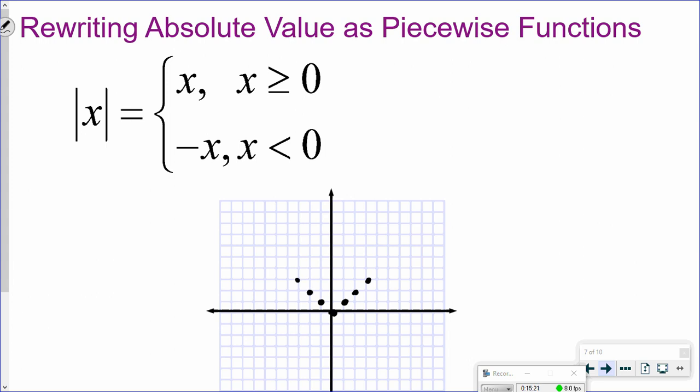But really, absolute value is a piecewise linear function. The right side has a positive x, where x is greater than or equal to 0, so that's here. And the left side is the opposite, so negative x, it has a negative slope, on the left side of that 0.